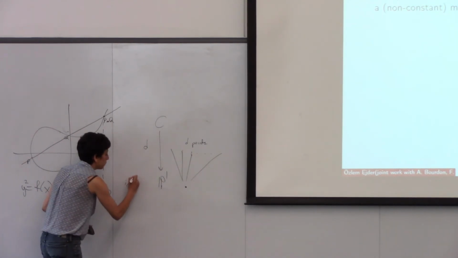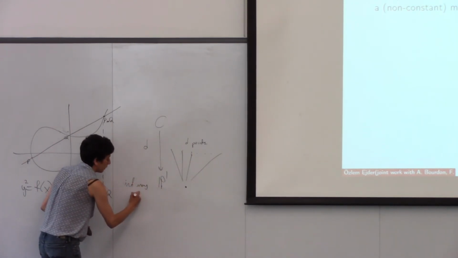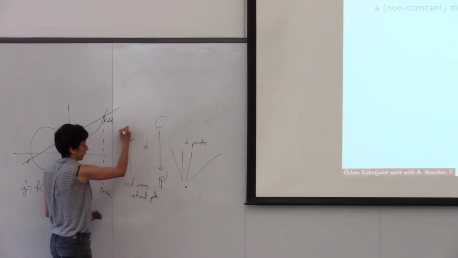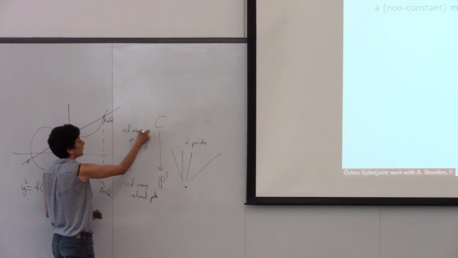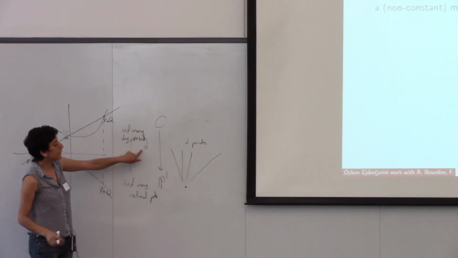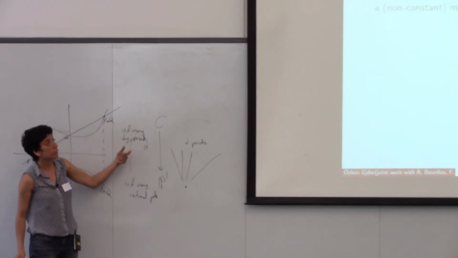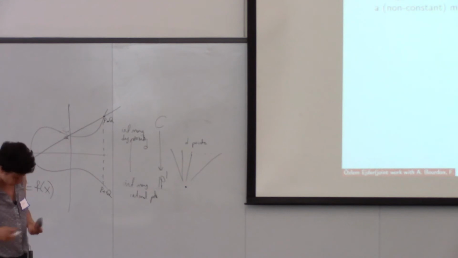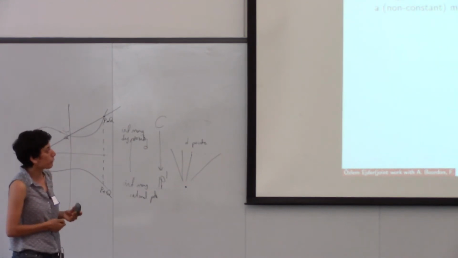The smallest such degree d, such that I can have a map to P1, is called the gonality of this curve. That's important to understand when we can have infinitely many points on a curve.